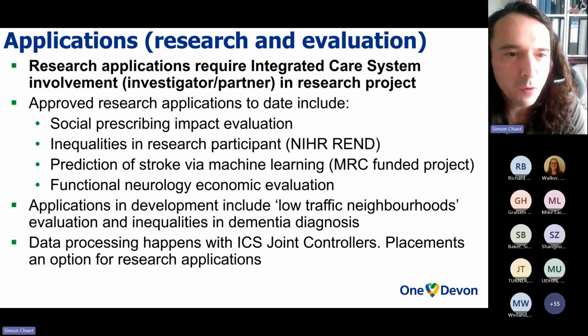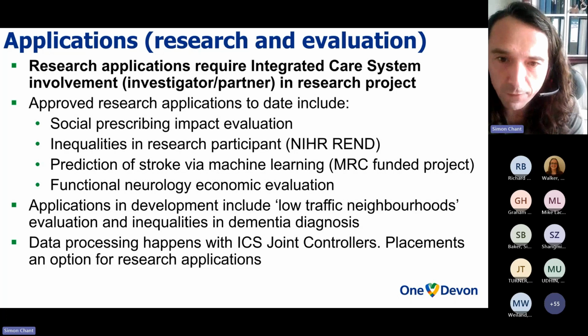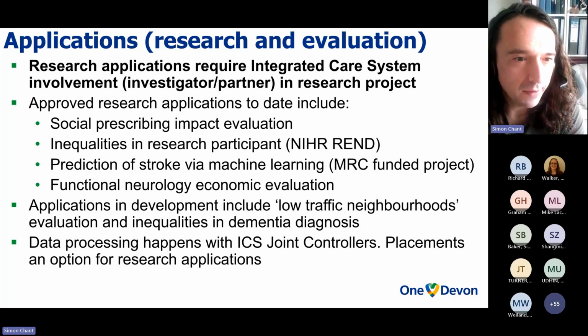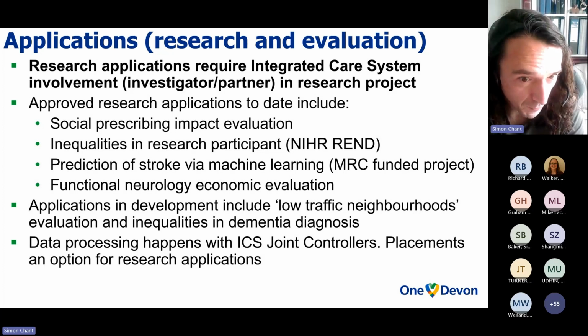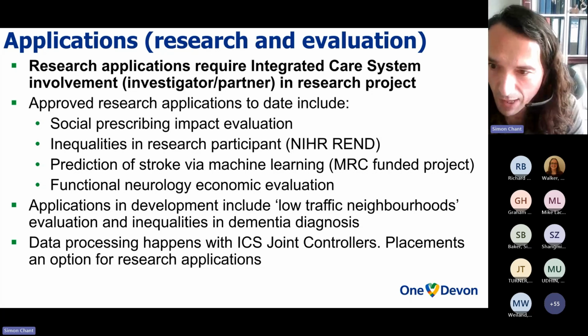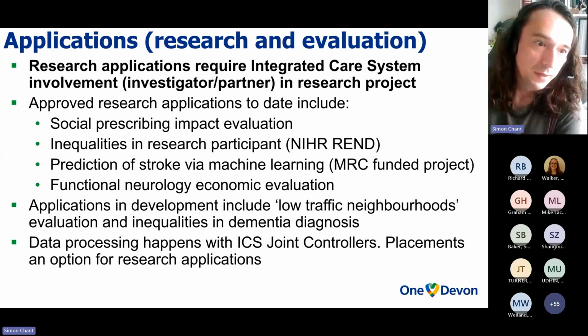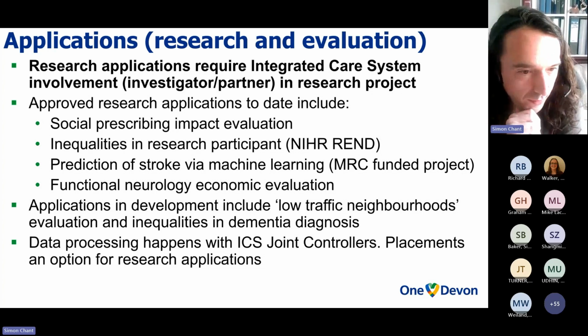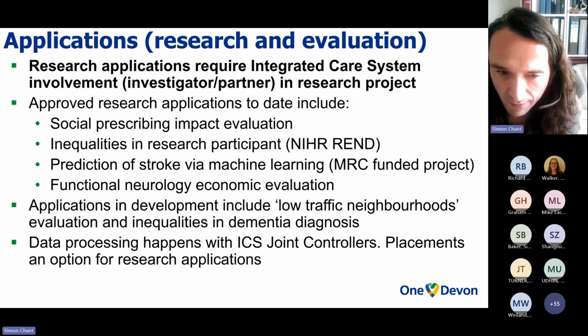We recently approved a use request around prediction of stroke via machine learning. So that's an MRC funded project. And we also have one around functional neurology and economic evaluation, and various ones in development. So a couple just to mention there is around low traffic neighbourhoods evaluation, and also looking at inequalities in dementia diagnosis. So a couple of those relating to research.